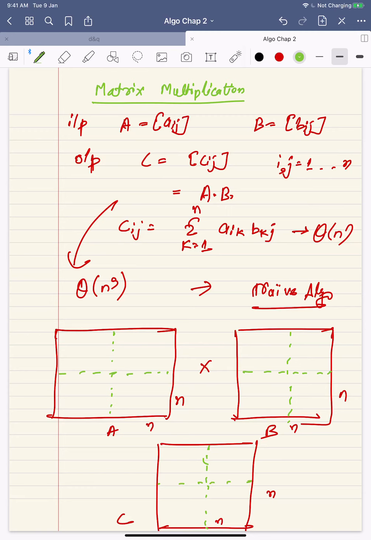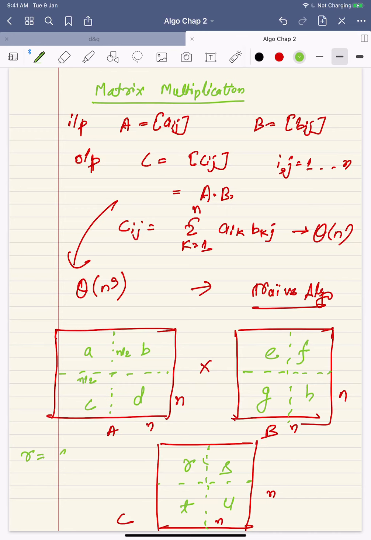Such that each block here is an n by 2 cross n by 2 matrix. So let's give them some names, A, B, C, D, E, F, G, H, and the output matrix blocks shall be R, S, T, U. Now, first of all, can you convince yourself that I can write R, S, T, U in terms of A, B, C, D, E, F, G, H? Yes? So, what will be R? Well, to get R, you can think of A, B, C, D, E, F, G, H as if they are just elements.